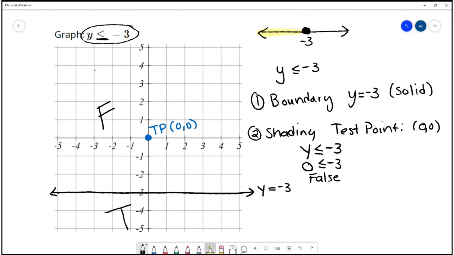And you always want to shade the true side. So we're going to shade below the line because that's the true side. So this is the graph for this inequality, y is less than or equal to -3. Every ordered pair in this shaded region and every ordered pair on this boundary line will make this inequality true.